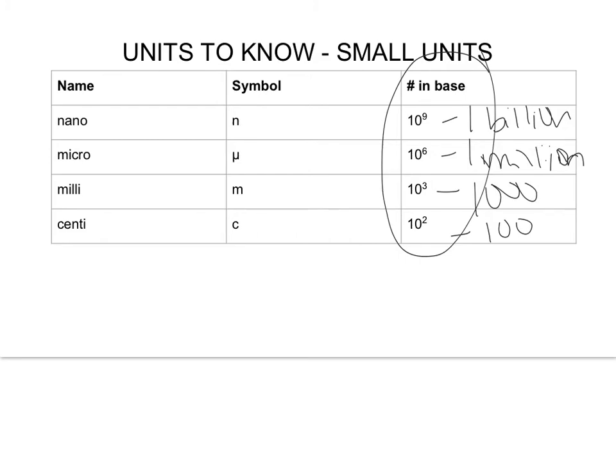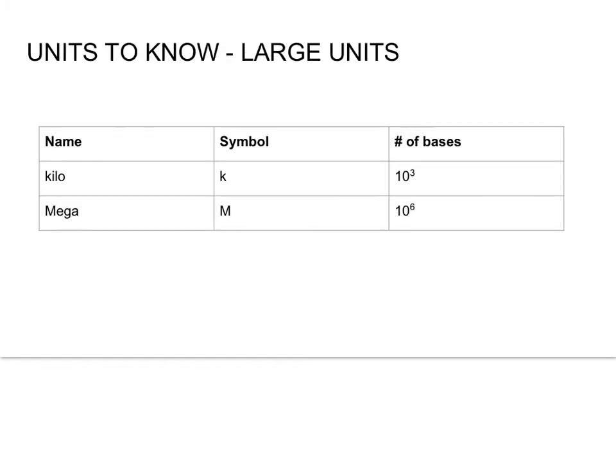A version of this chart is also on your Unit 1 haiku page, so you have this, or you can take a screenshot. The large units, we're going to talk about the number of bases in them. And again, for this class, we're going to mostly use kilo and mega.